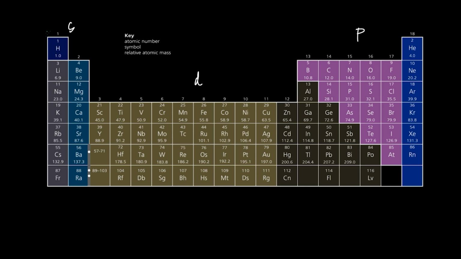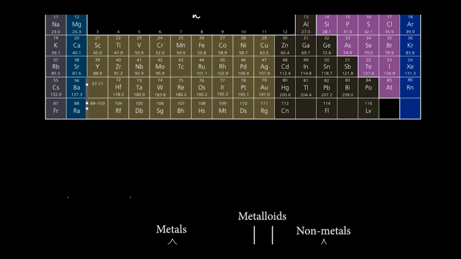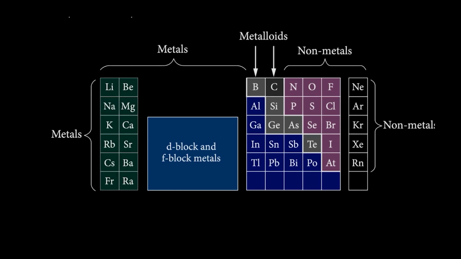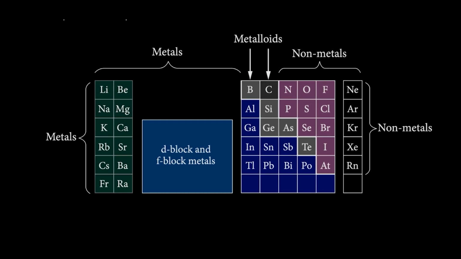That's the second way of classifying elements. This would classify elements into metals, D block, which is your transition elements, non-transition metals, the staircase metalloids, and a small list of reactive non-metals and unreactive non-metals, which are your noble gases. That's another way of classifying elements.